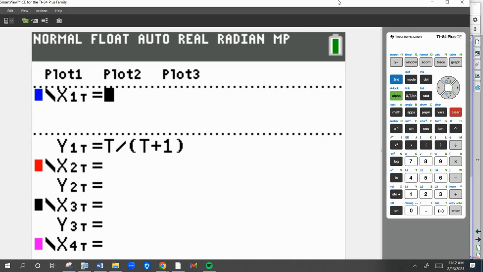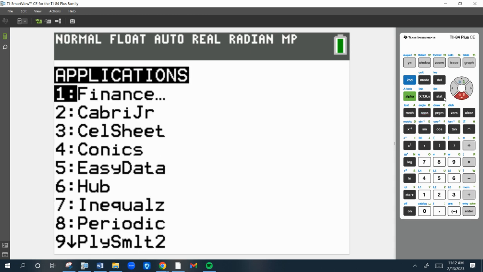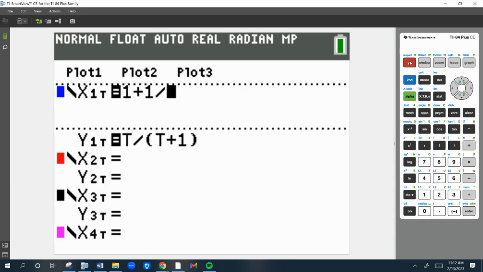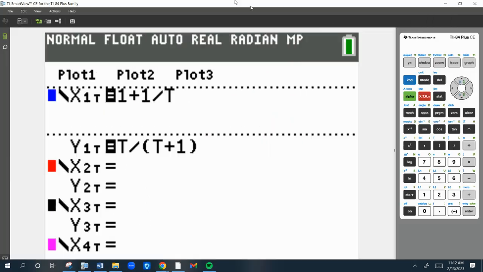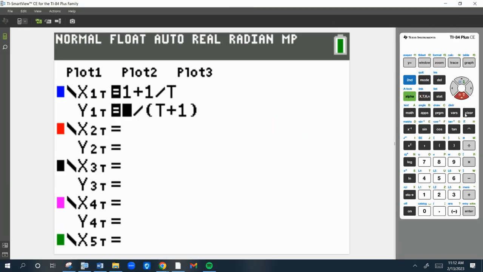X was 1 plus 1 over t, and y was t minus 1. And then when you graph that, that should also look like the graph we just had.